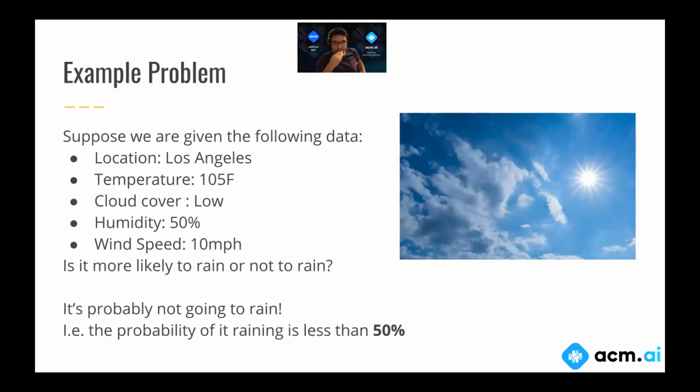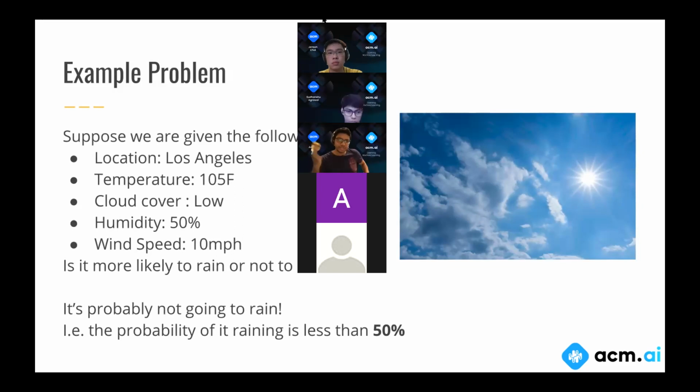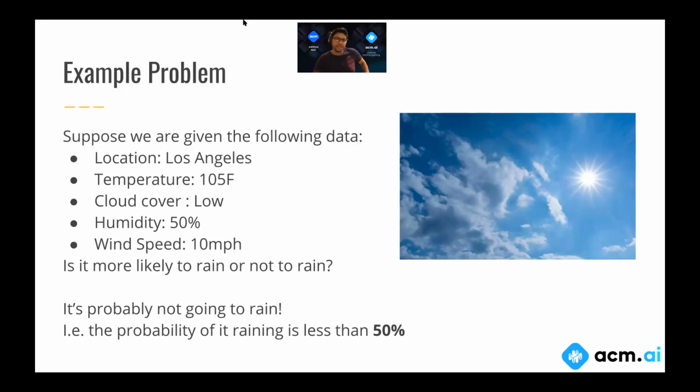Let's assume we get this data. We're saying, okay, location is Los Angeles, temperature is 105 Fahrenheit, and everything else. And the question we ask in logistic regression is, is it likely to rain or not to rain?